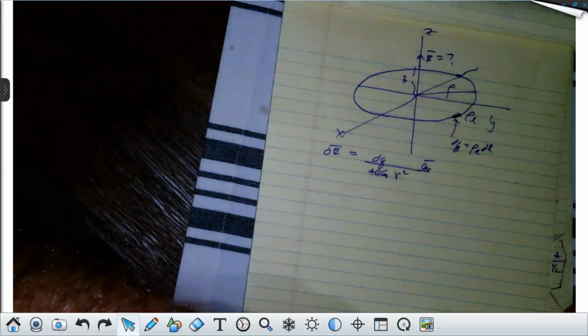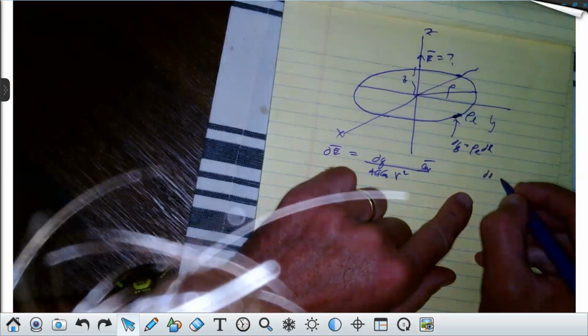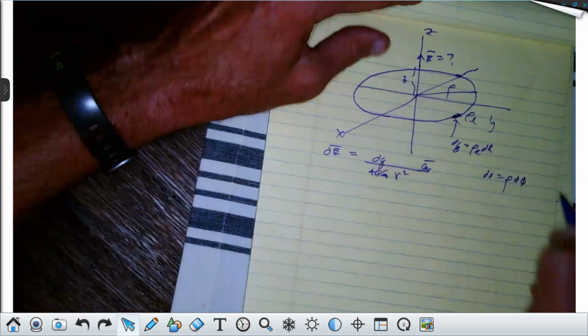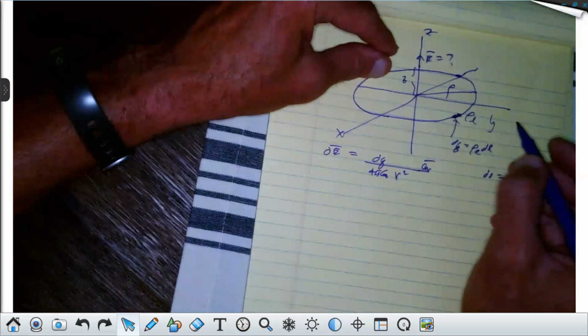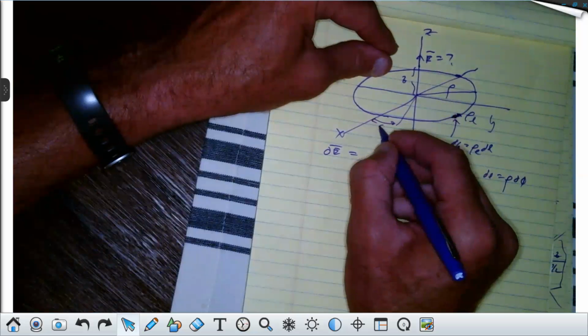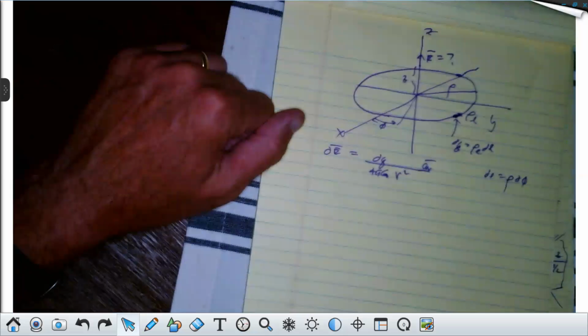But when we have something that's on a circular form and we're talking about an arc length, here dl would be equal to the radial distance rho times d phi. Now, I'm going to use cylindrical coordinates, but now I'm talking about phi. And remember, phi is the angle, right? It's the angle measured from the x-axis in the xy plane. And you all have had cylindrical coordinates, correct, class?